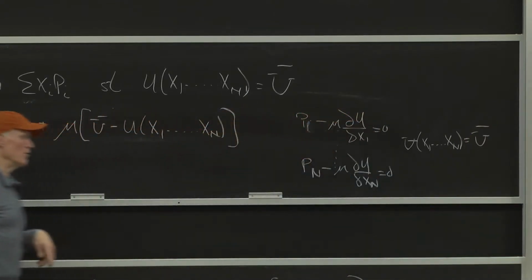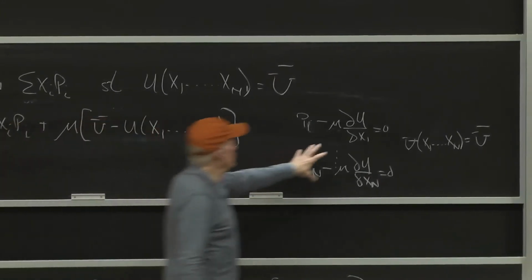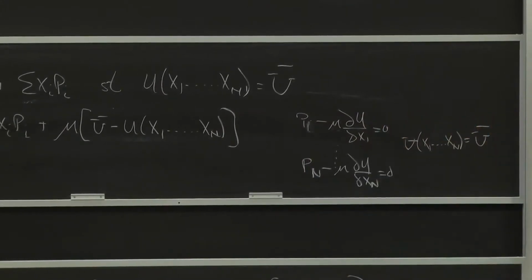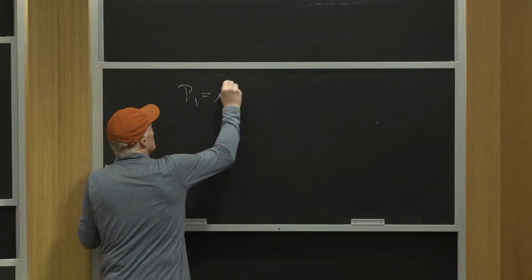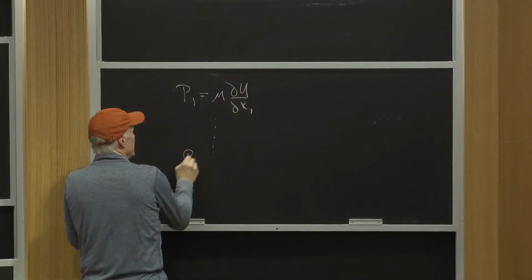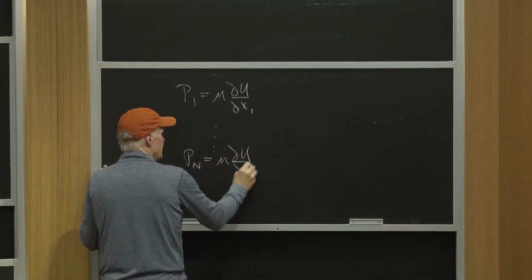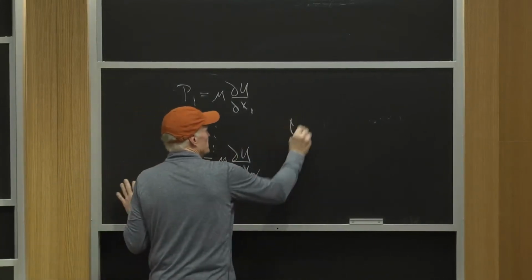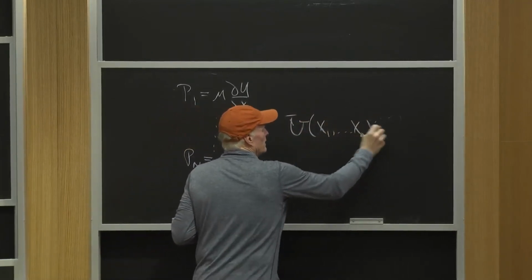Okay? Those are my corresponding conditions to what I had before. Now, I can rearrange these to be p1 equals mu partial u partial x1, down to pn equals mu partial u partial xn, and of course just that same constraint, u of x1 up to xn equals u bar.